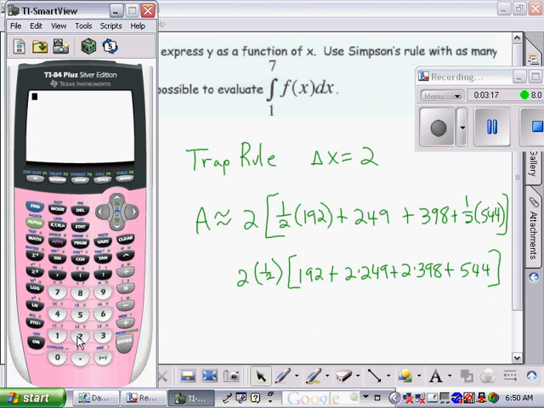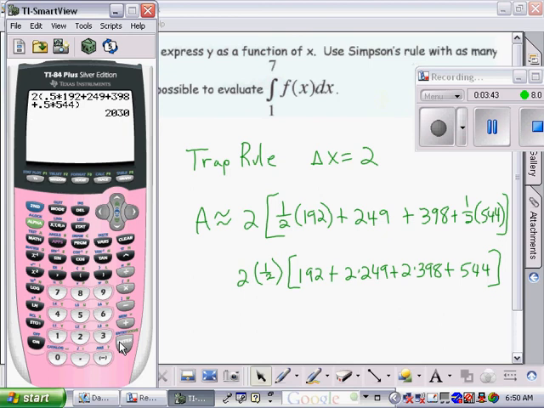If I do the first one, you guys can type in the second one, make sure we match. 249, 398, and 0.5 times 544. 2030?